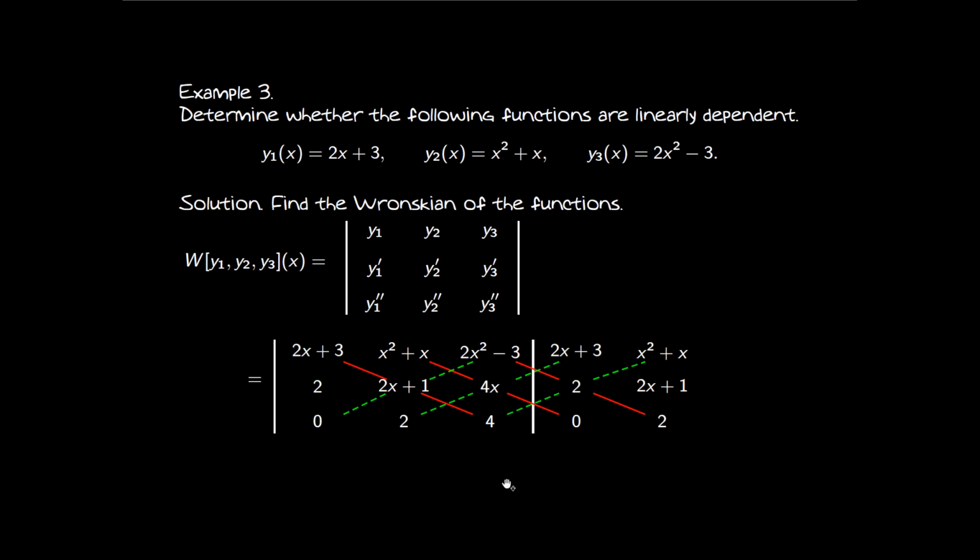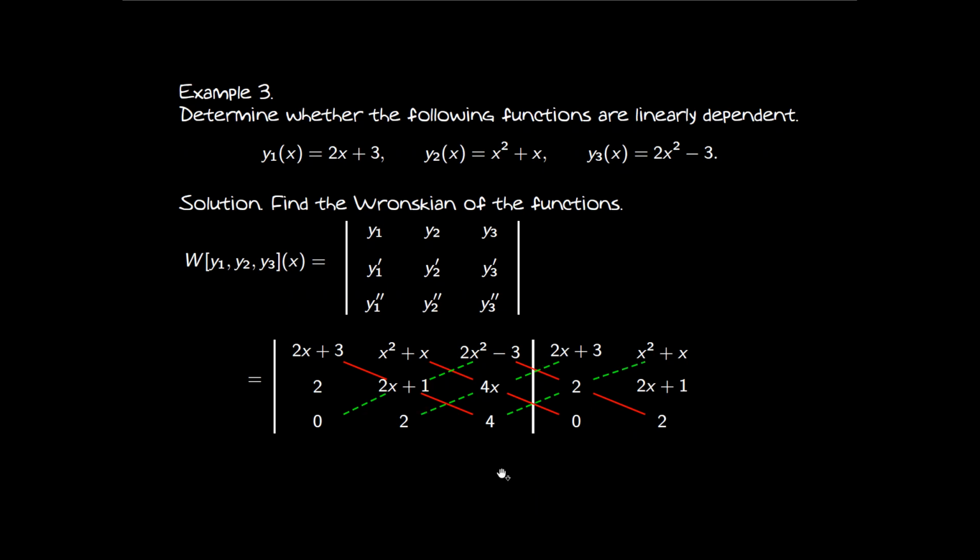Then we're going to have a formula similar to the formula for the 2 by 2 determinants. For these diagonal directions, you assign a positive sign to the products, and for the inverse direction, you give a negative sign to the product.